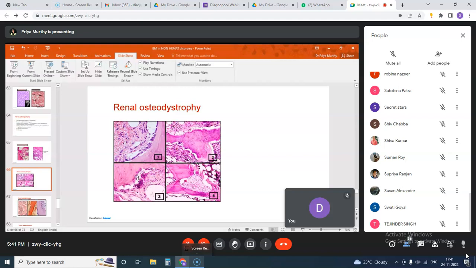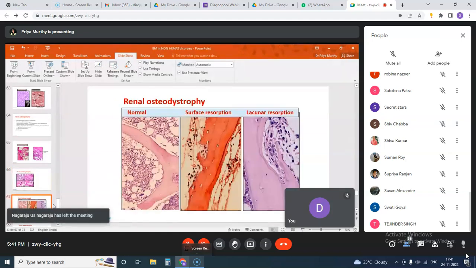There are clusters of these osteoclasts present at different stages, subsequently followed by bone marrow fibrosis. So these are the stages that we come across in hyperparathyroidism. And very much so we see in cases of renal osteodystrophy as well.